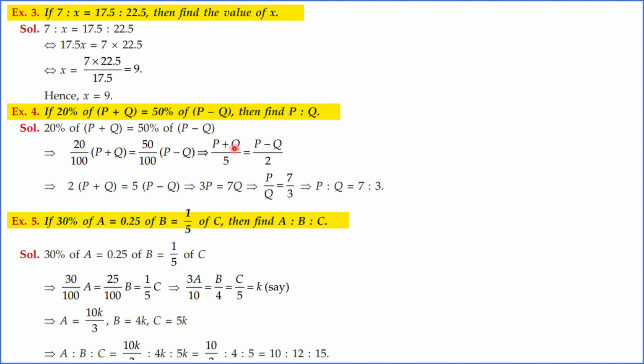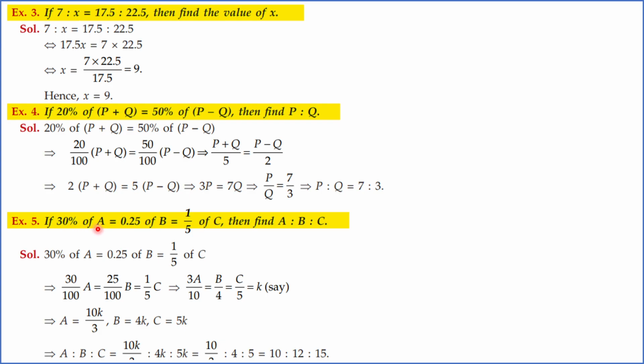That implies (p plus q) by 5 equal to (p minus q) by 2. That implies 2 of (p plus q) is equal to 5 of (p minus q). That equals 3p equal to 7q. That implies p by q equal to 7 by 3. That implies p is to q equal to 7 is to 3.